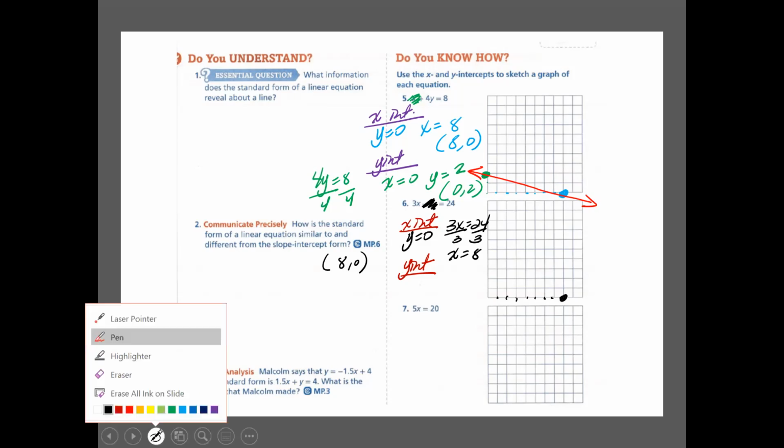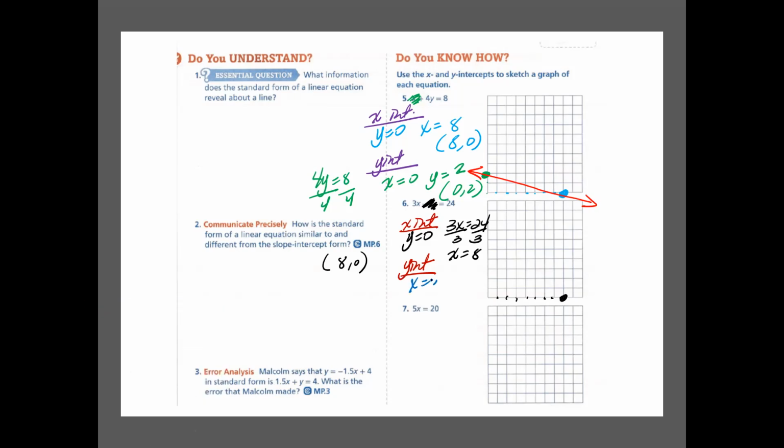With your y-intercept, you want x equals 0. So what is y equal to then? I'm going to go back to my original equation, cover the x, and then I have negative 4y equals 24. Divide by negative 4 on both sides, y is equal to negative 6. So my second point is 0, negative 6.